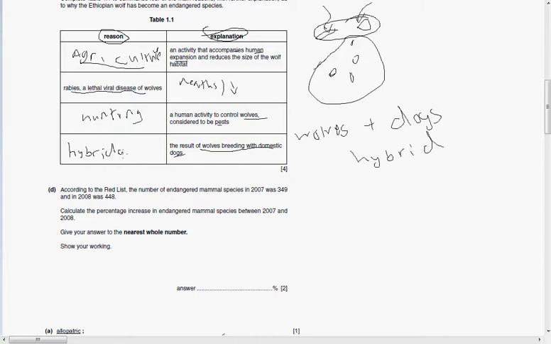Hybridization, right? There is hybridization. It means two different organisms are forming a hybrid.